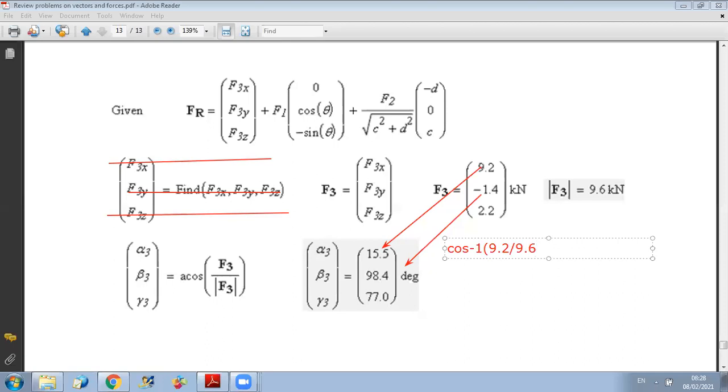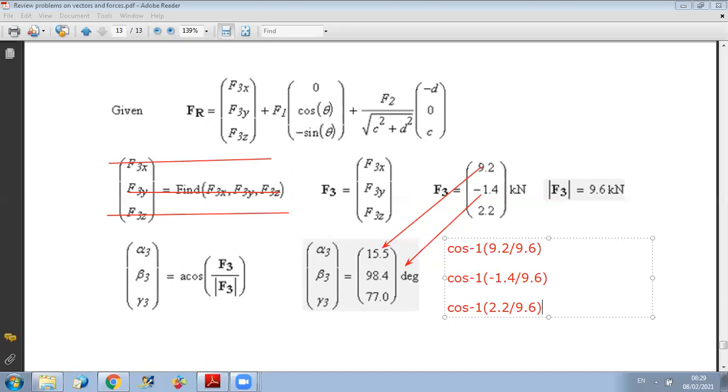The second term, beta 3, is cosine minus 1 of minus 1.4 over 9.6. And finally, the final angle is cosine minus 1 of 2.2 over 9.6.